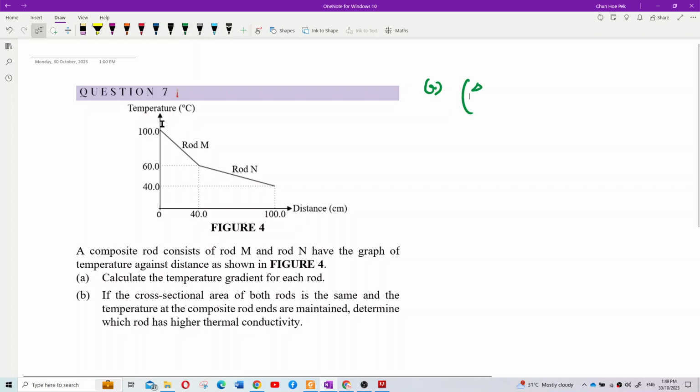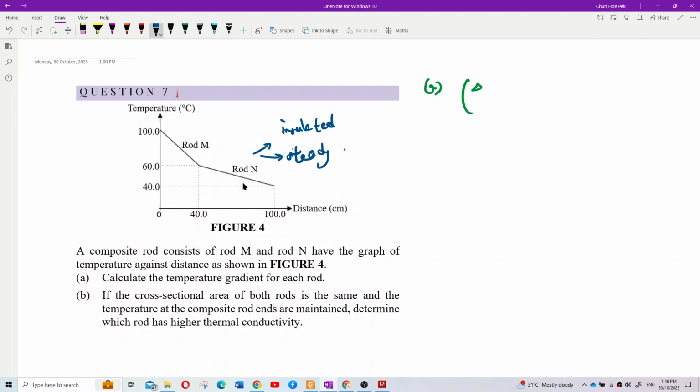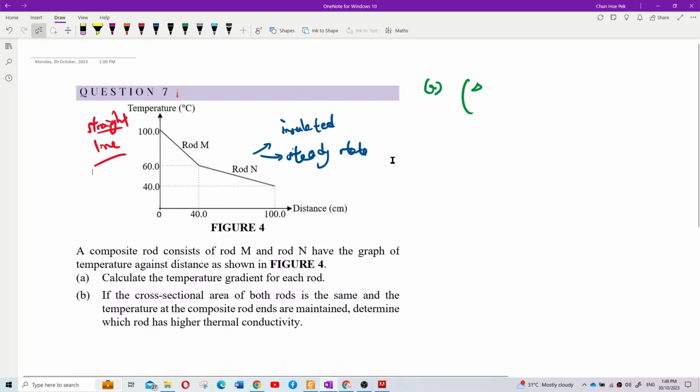Okay, you see, this is a straight line graph. So we can straight away say this is insulated. Do you know why it's insulated? This also can say it has achieved steady state, if the graph is a straight line. If straight line, we know it is insulated and has achieved steady state.